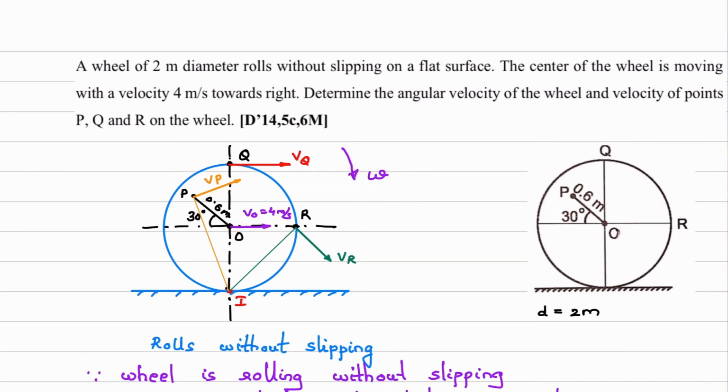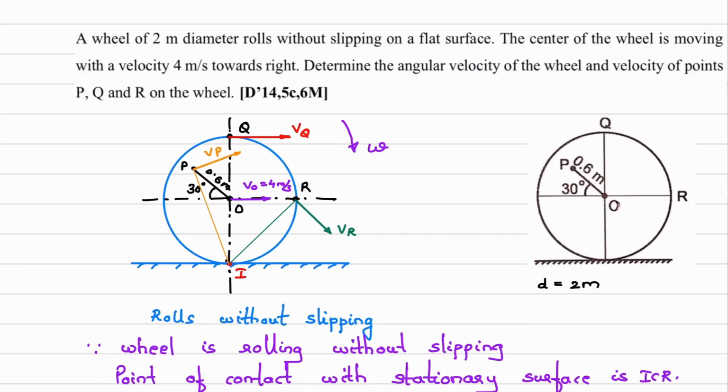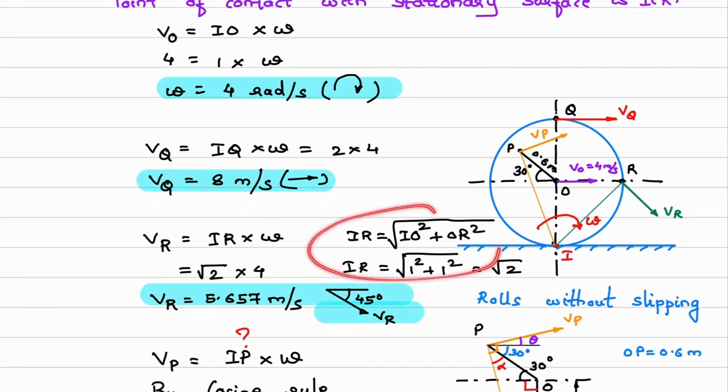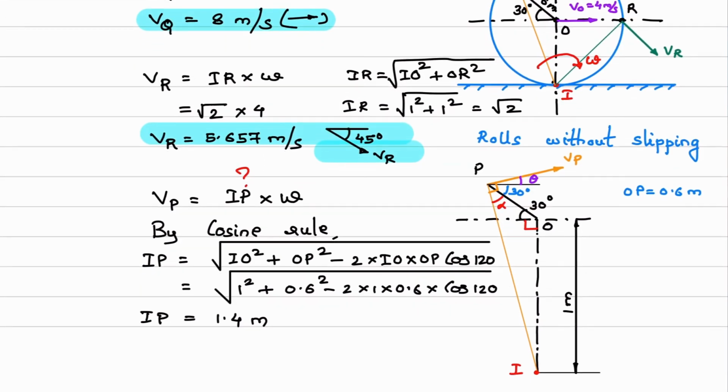Then the velocity of points P, Q, and R. In order to calculate that velocity, we require IP, IQ, and IR distance. IQ is the diameter, IR we calculated using this equation, and IP we calculated using the cosine rule. And this angle theta we calculated using the sine rule.